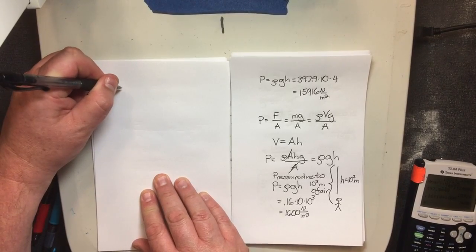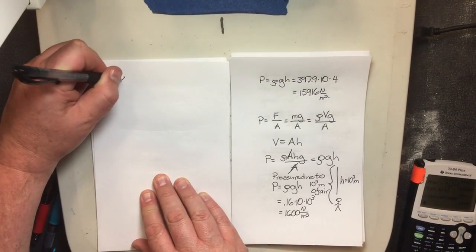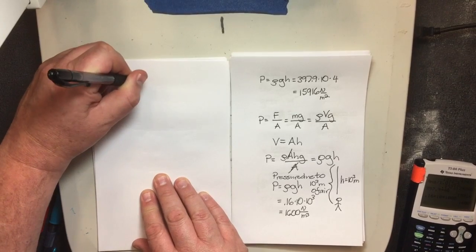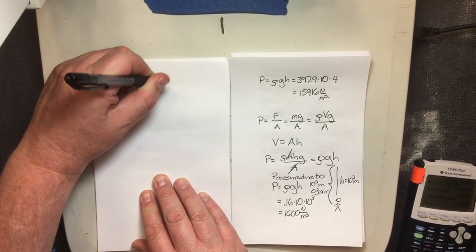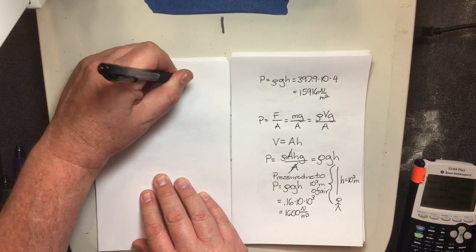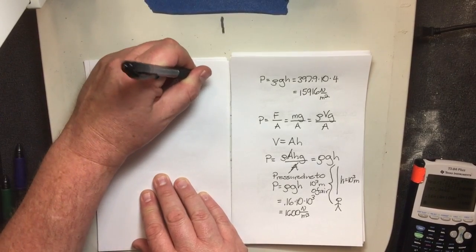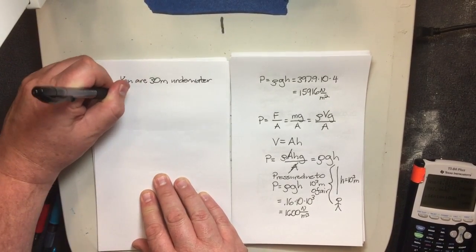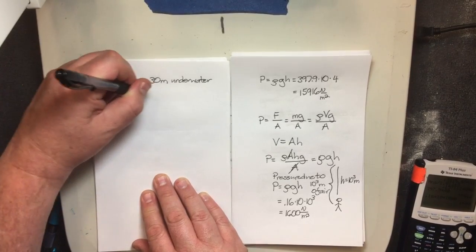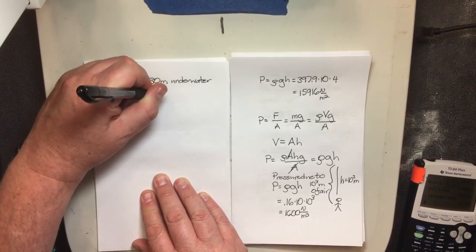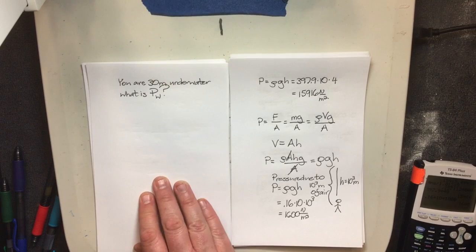If you are 30 meters underwater, what is the pressure contribution due to the water?